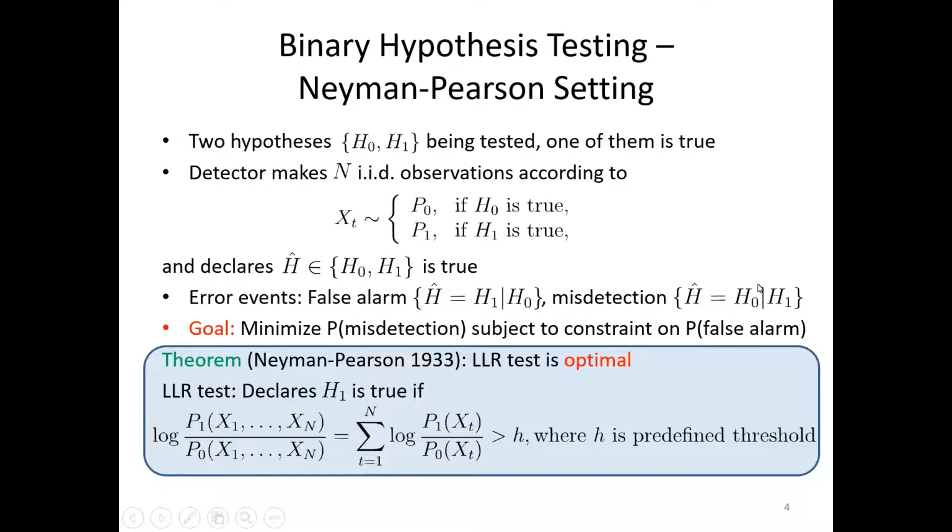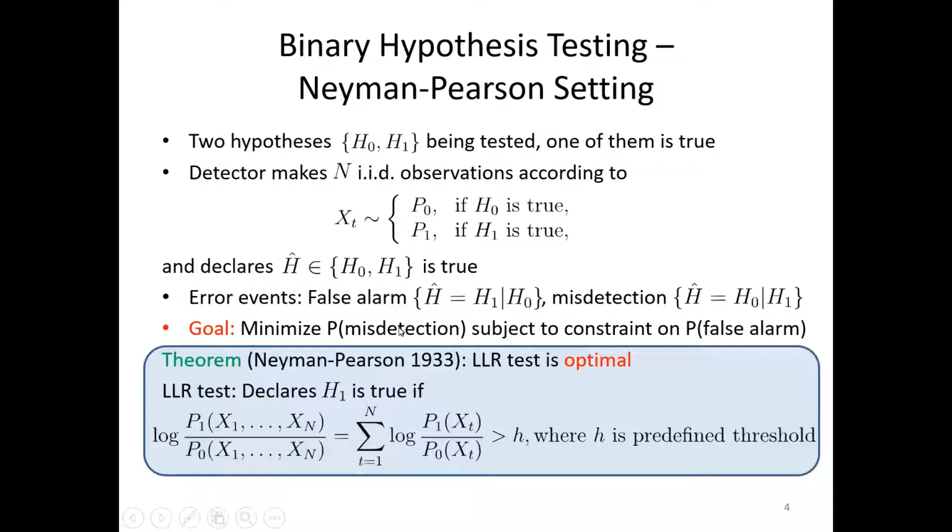The goal here is to minimize the probability of misdetection subject to a constraint on the probability of false alarm. And in 1933, Neyman and Pearson showed that for this setting, the likelihood ratio test is optimal.